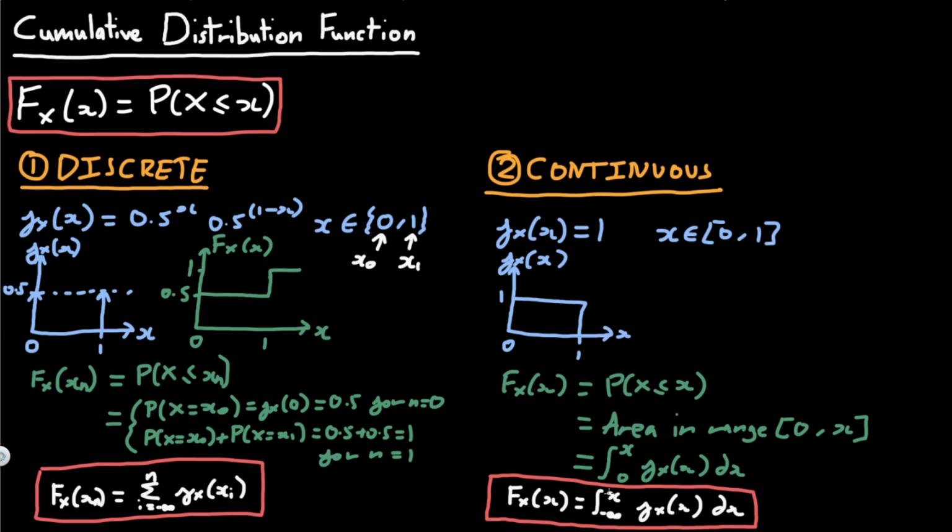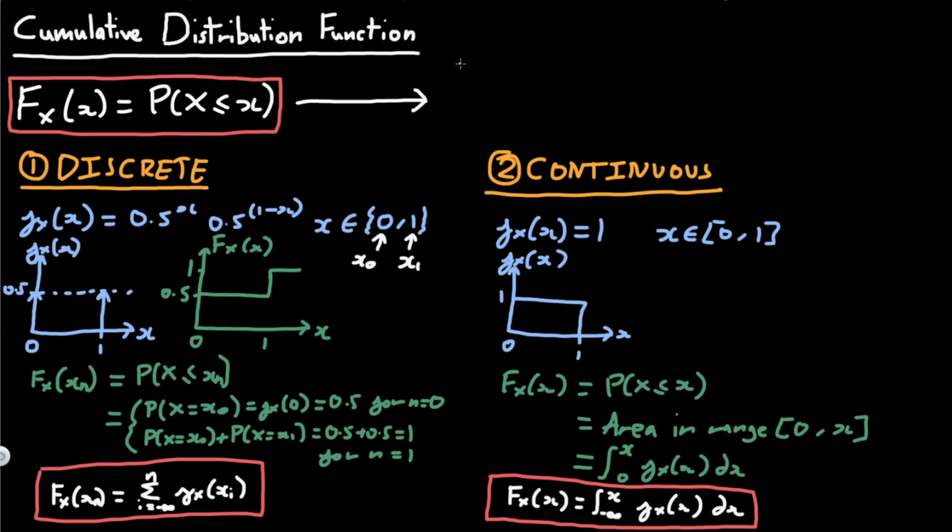So now that we've gone through that, we can look at some general rules we can infer from this function. Because the probability of all possibilities should sum to 1, then the probability of choosing a value less than or equal to infinity, so all the values from negative infinity up to positive infinity, which by definition should be the entire real range, should be 1, right?